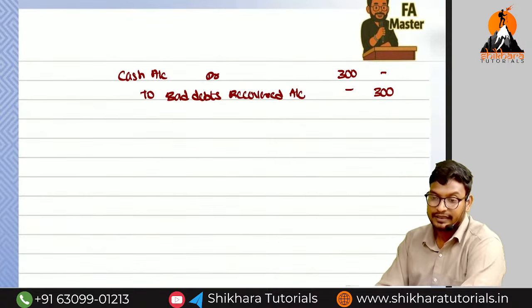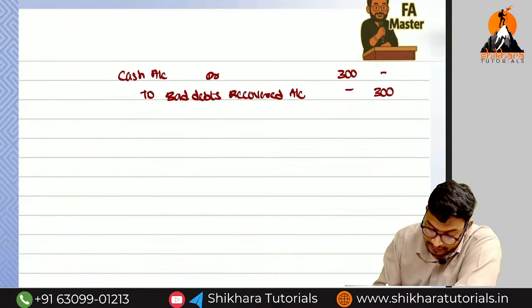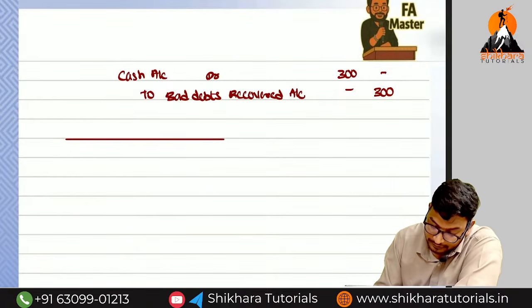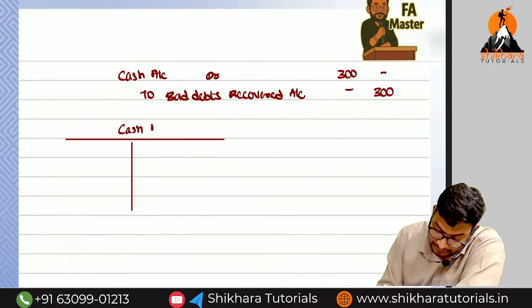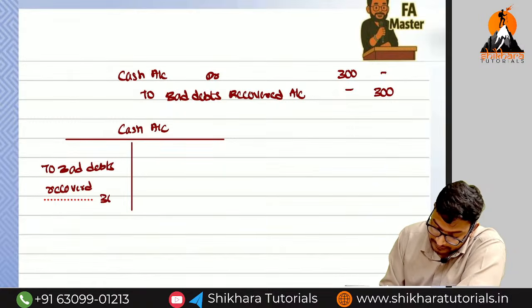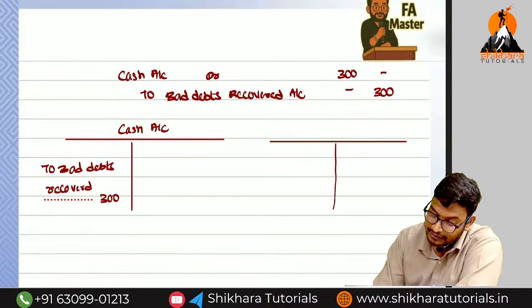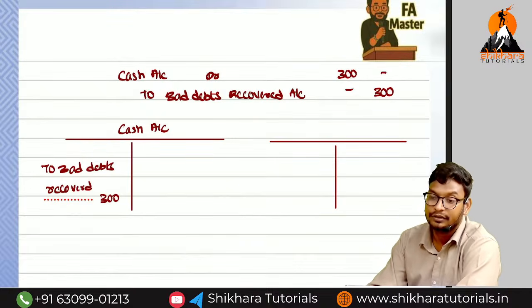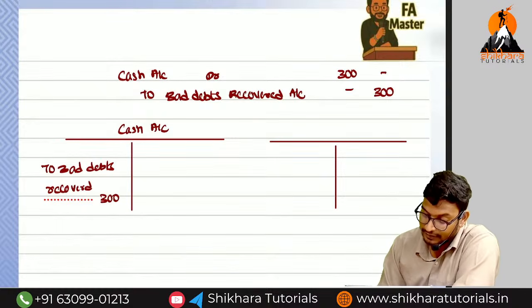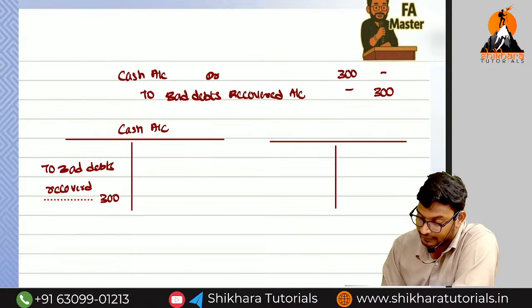But instead of writing this, they have recorded in the cash account correctly. In the cash account, which side do they need to record? On the debit side, to bad debts recovered, ₹300. But instead of recording in the bad debts recovered account, they have recorded in the Ajit account. In the bad debts recovered account, which side do we need to record?